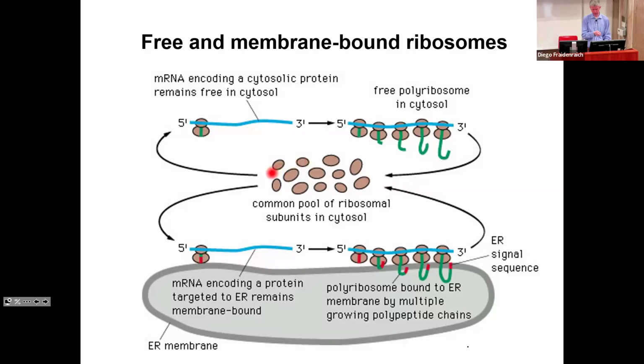But for the cytosolic protein, for example, it just continues synthesizing, and of course multiple ribosomes would dock to the same messenger RNA and would synthesize it completely.